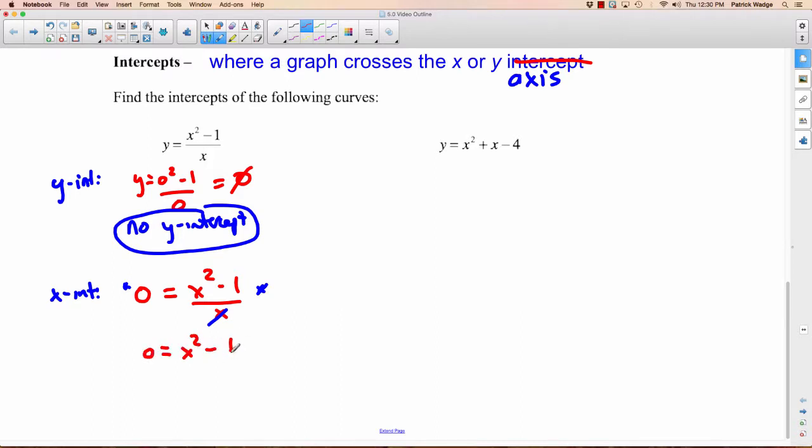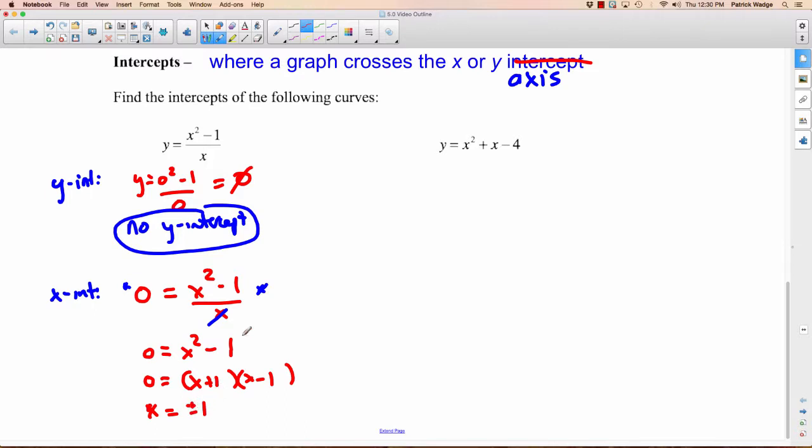Hey, it's a quadratic. How do we solve quadratics? We set it equal to 0, perfect, and then we factor. Or you could also use the square root method here and move the 1 over. You can do it that way as well, but I'll factor. So it's a difference of squares. We're going to have x plus 1 and x minus 1, which means our answers are x equals negative 1 and x equals positive 1, or you could put plus and minus 1.